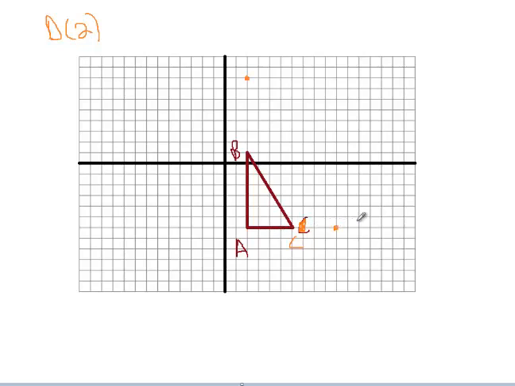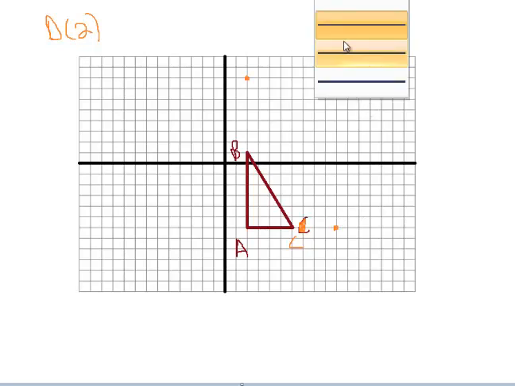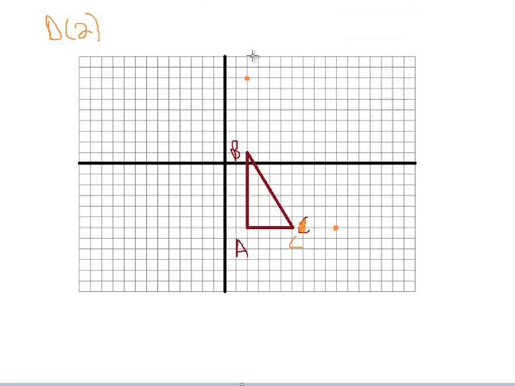The new triangle, in other words, the original one dilated, we're going to start down here. Let's put this up here, and extend this out here, and put the hypotenuse, since this is a right triangle.